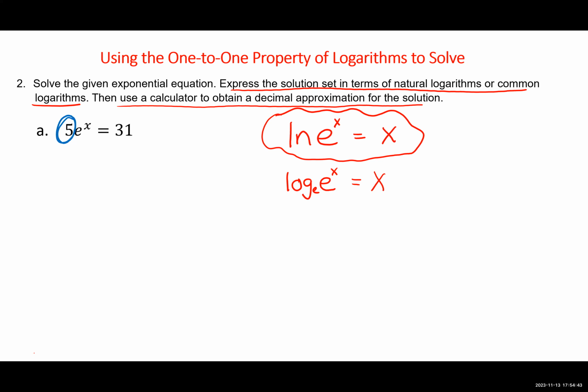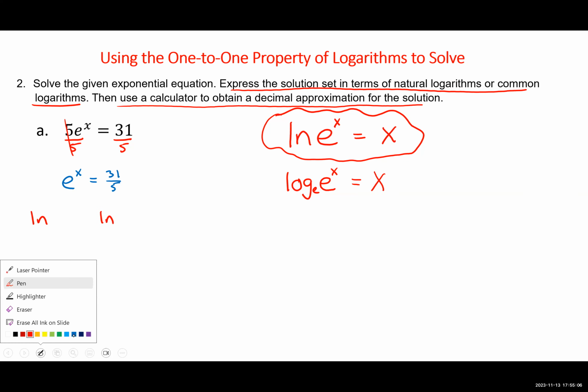But first, I'm going to divide by 5. Get the 5 over there. So we got e to the x is equal to 31 over 5. Now we can take the log of both sides. Now I know it's natural log, but I use natural log for everything, so I shorthand it and just call it log.